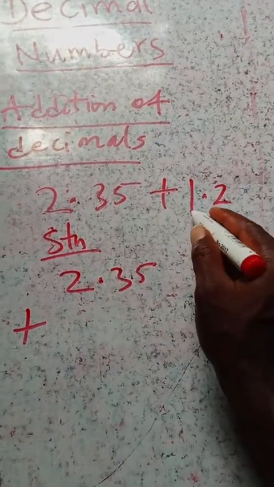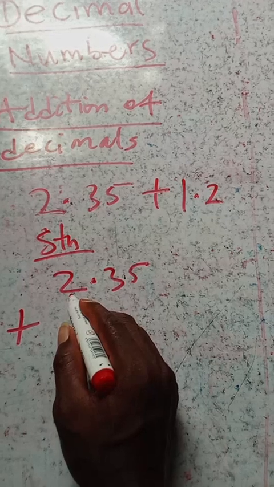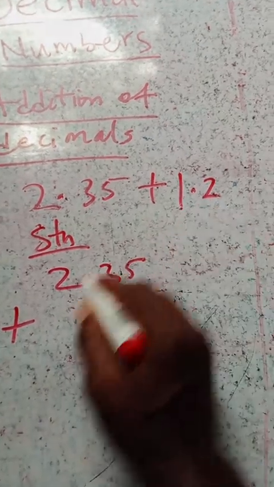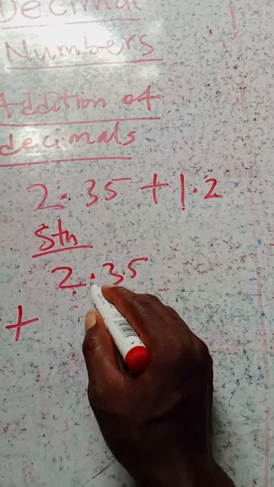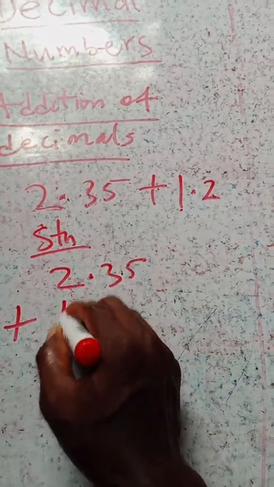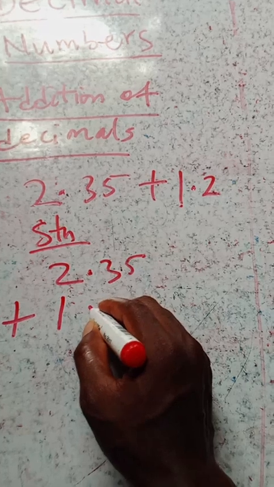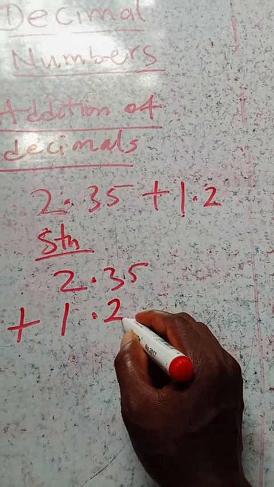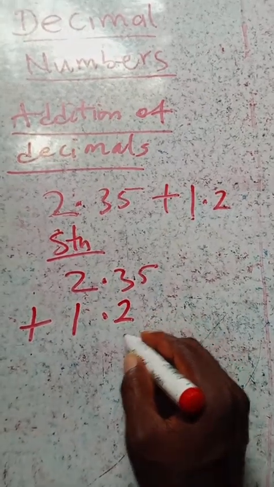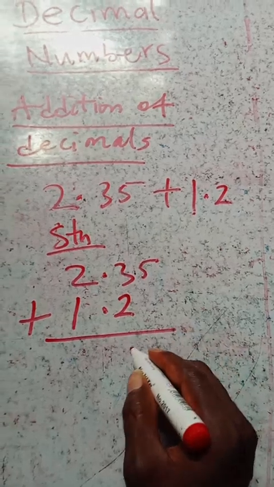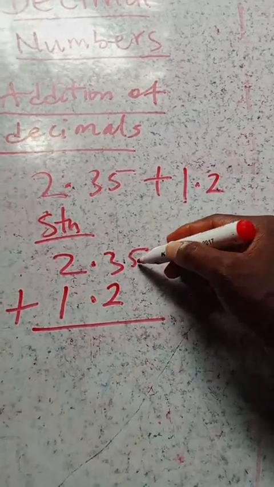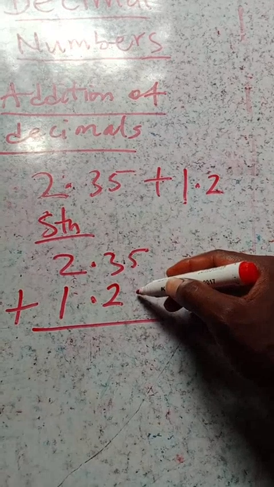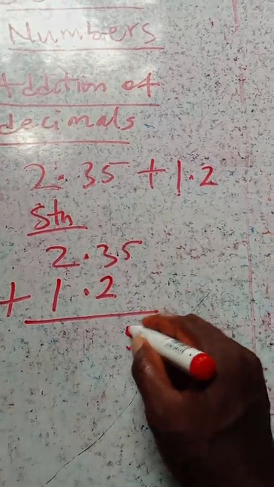So after the whole number, which is 1, one digit, you put the decimal point. That's how it is. Then 2 under the next value. And you now add, you know how to add. 5 has nothing to add here, so you bring down 5.